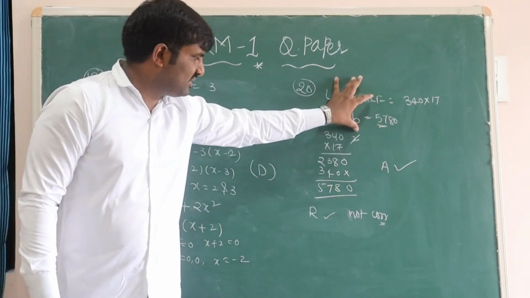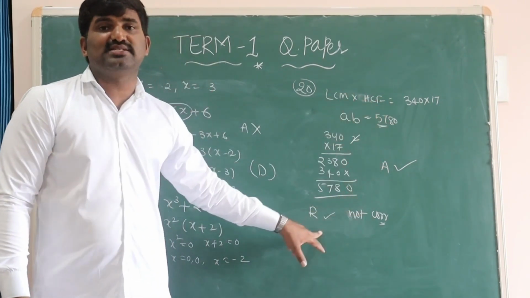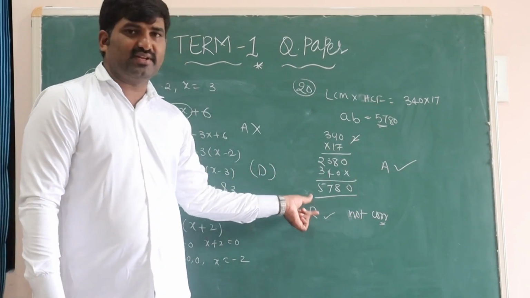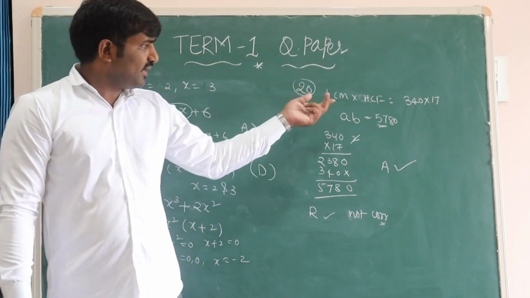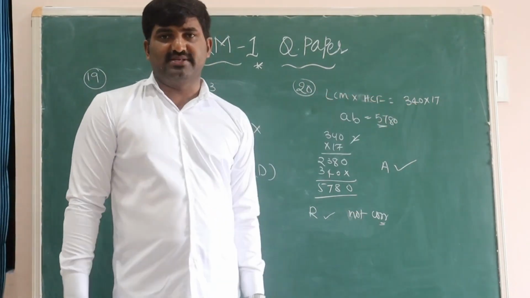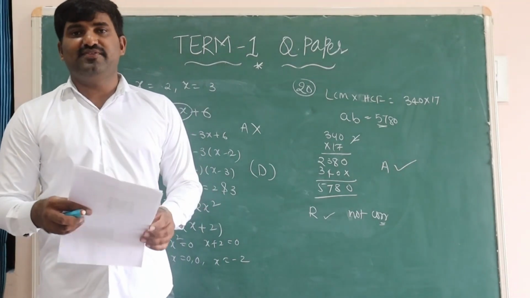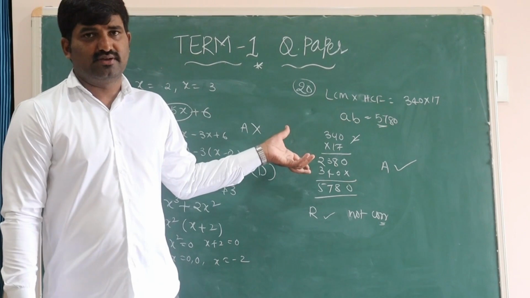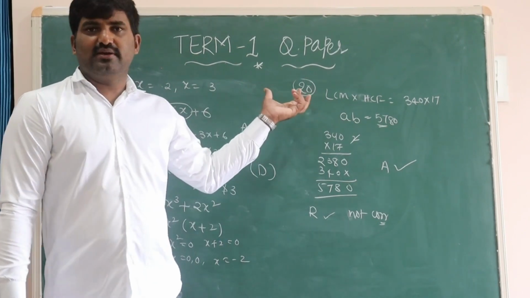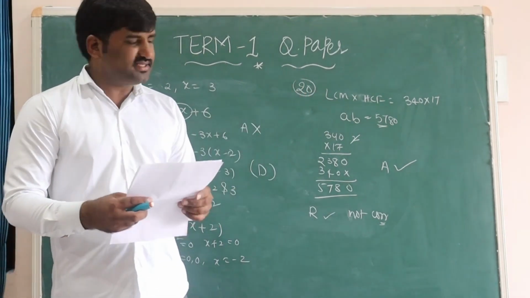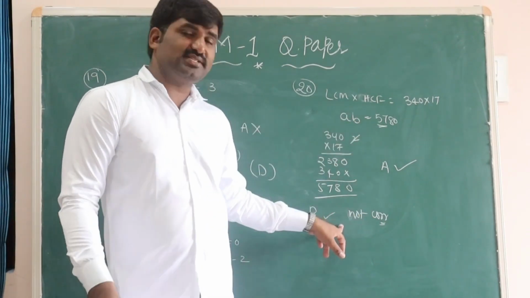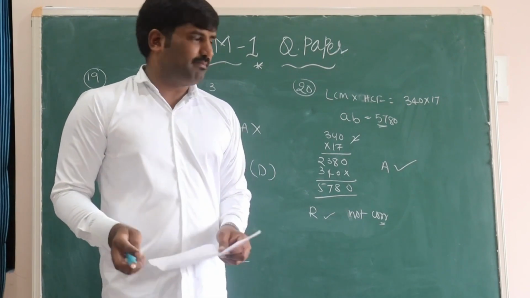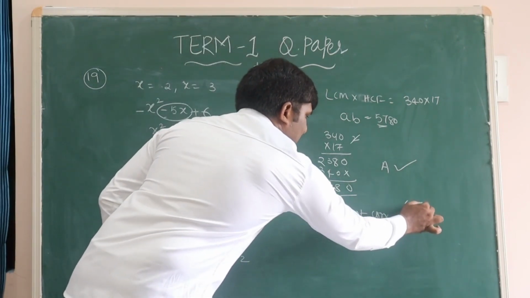Now assertion is correct, reason also correct, but it is not the correct explanation of assertion, because the correct explanation for this question is LCM into HCF is equal to product of numbers. But what is the reason here? HCF is always a factor of LCM. It is true, but it's not the correct explanation. So here, 20th question, assertion is true and reason also true, but reason is not the correct explanation of assertion, that is option B. Option B is the correct answer.